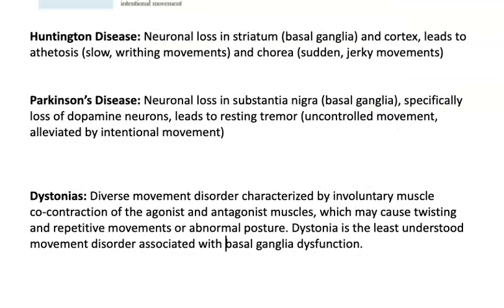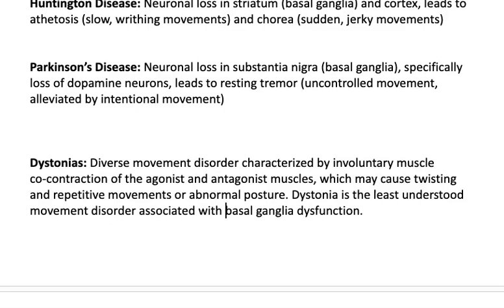And moving on to dystonias. So there are many different specific dystonias. So it's a diverse movement disorder, but the main thing with these movement disorders are involuntary muscle contractions, often of the agonist and antagonist muscles. So not like we talked about where an agonist increases activity of a neurotransmitter and antagonist decreases it.